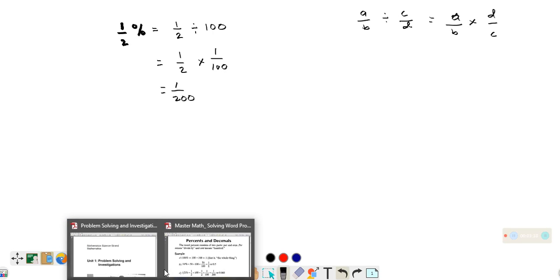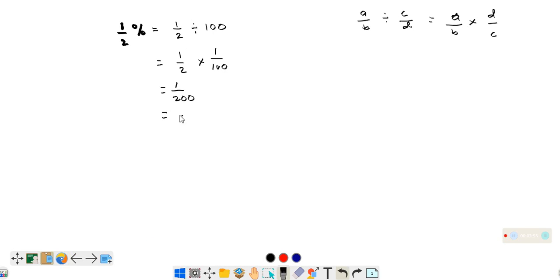Ayaw niya sumulat. So this is 1 over 200. And if you have your calculator, you can divide 1 by 200. I don't have my calculator at hand. Hindi siya within reach. So, saglit lang. Kunin ko lang yung aking calculator.